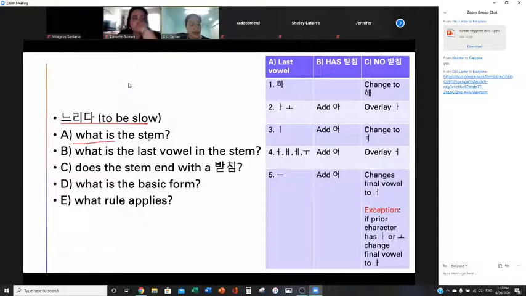So can anyone volunteer what will be the stem of this verb? What will be the stem in the verb right here? 느리. 느리, right? And what is the last vowel in the stem? Can anyone volunteer? What will be the last vowel in the stem? 이, right?